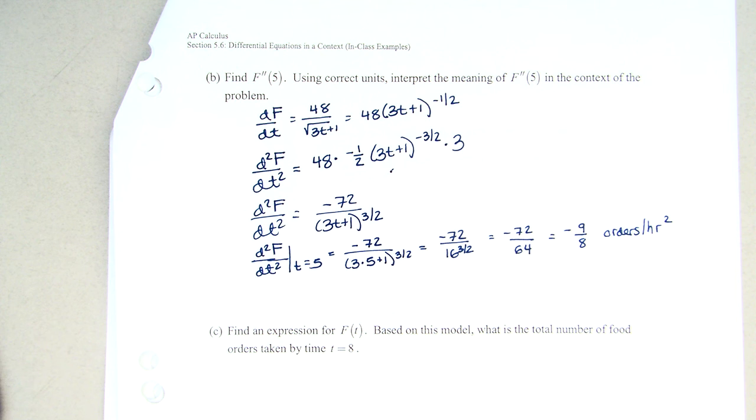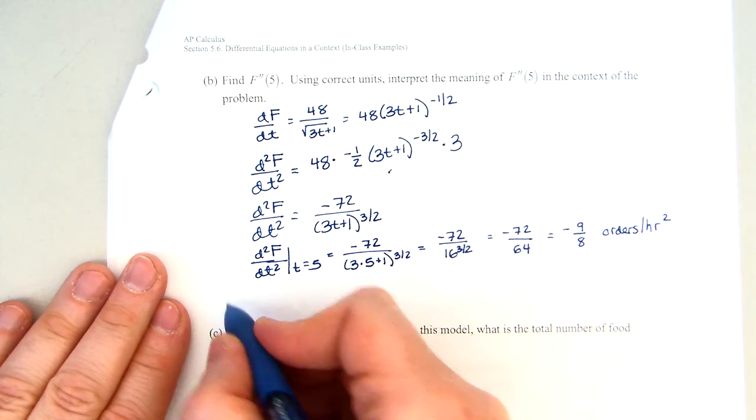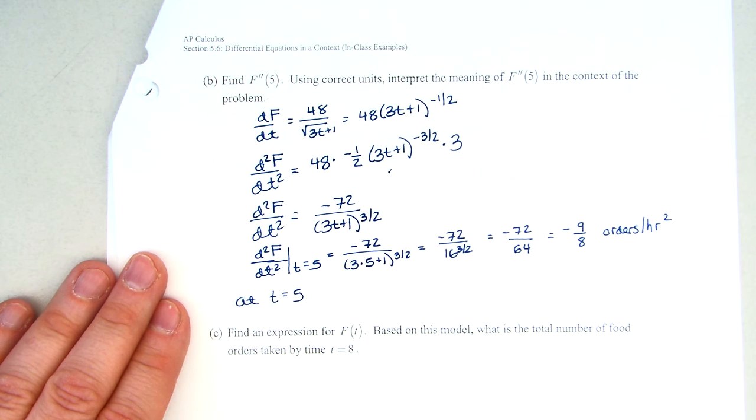So first of all, when we interpret things, we've got to make sure we refer to the fact that I plugged in a 5. What does the 5 mean? At t equals 5. At t equals 5, what?